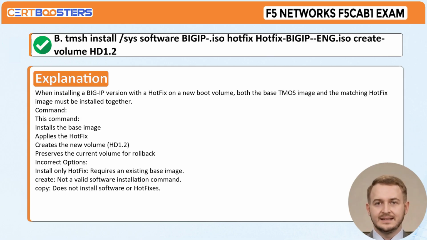This command installs the base image, applies the hotfix, creates the new volume HD1.2, and preserves the current volume for rollback. Incorrect options: install only hotfix requires an existing base image, create is not a valid software installation command, and copy does not install software or hotfixes.